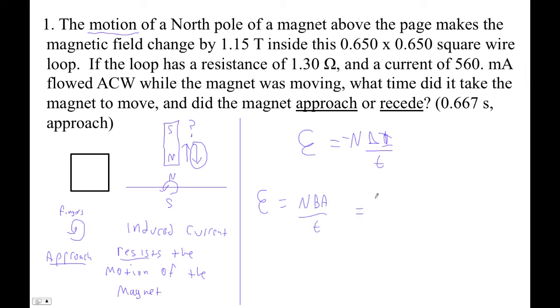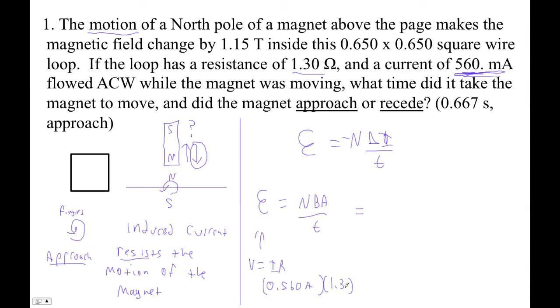N is 1. We've got a current of 560 milliamps. So let's figure out the EMF. I'm using Ohm's law here: V is IR. So that's going to be 0.560 amps, and then what's the resistance? 1.3 ohms.